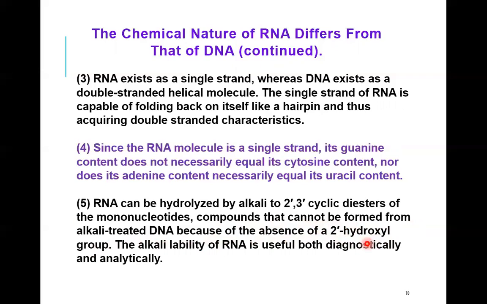This ability of RNA is useful both diagnostically and analytically. We can distinguish between DNA and RNA by alkali solution. The RNA dissolves and forms 2,3 cyclic diester, and DNA cannot dissolve in alkali solution.